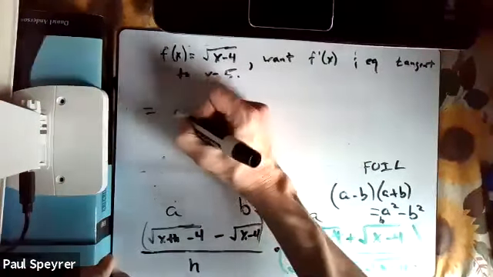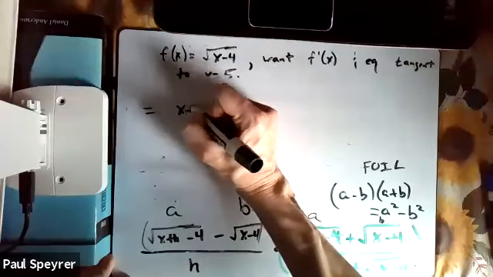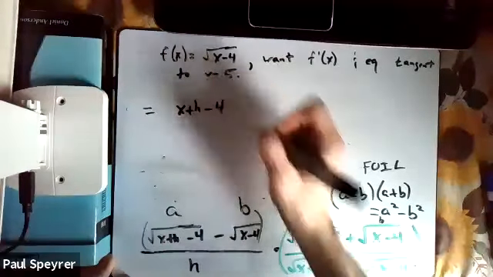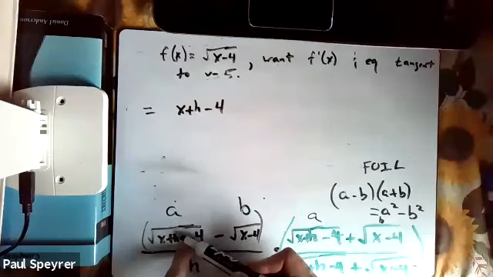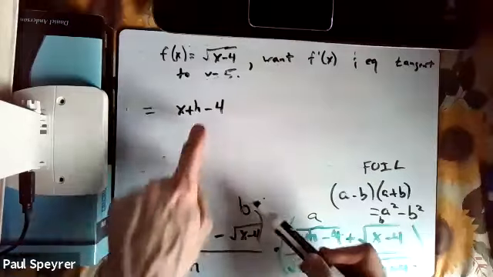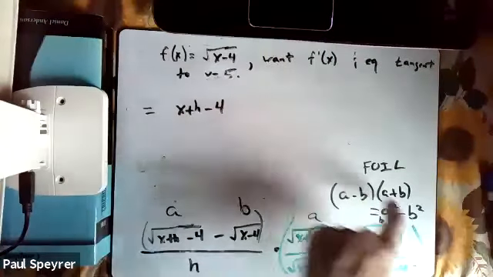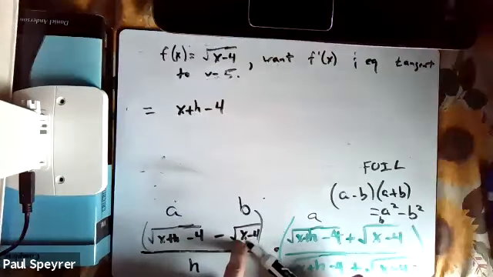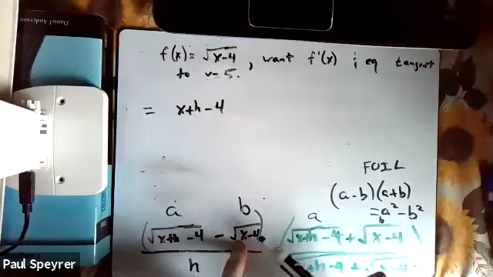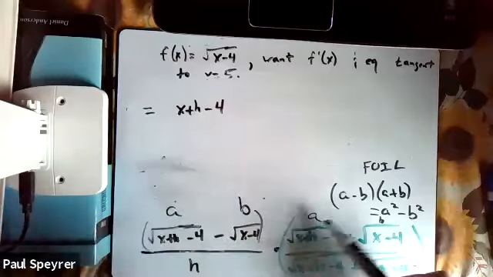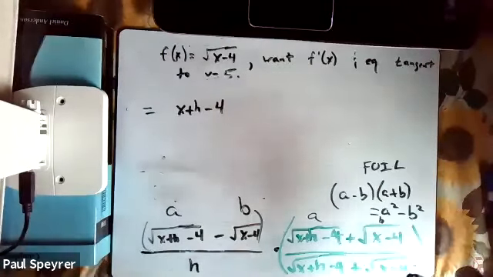So you're left with just x plus h minus 4, because that's a squared. The square root of something squared is just whatever's inside the root. So the root's gone. Then it says minus b squared. Well, b is the square root of x minus 4. If you square the square root of x minus 4, again, the square and the root knock each other out.